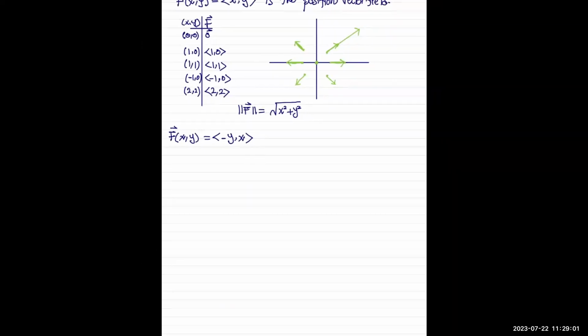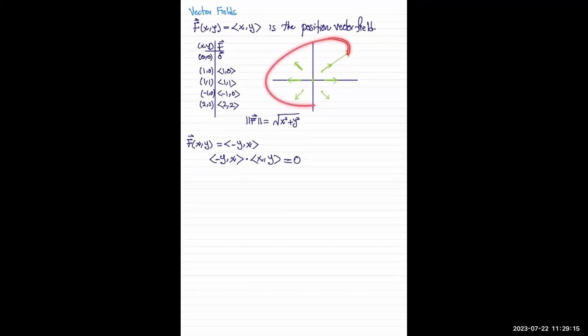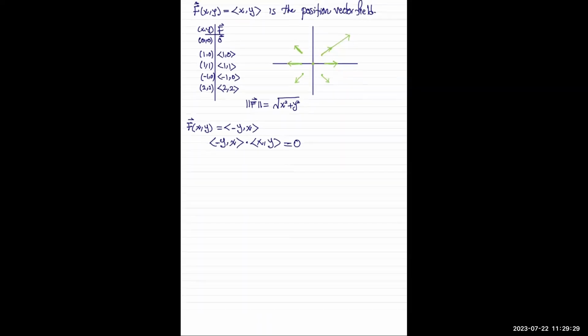If I do negative y comma x dotted with the previous vector field x, y, we get 0. So what you can do is draw the position vector field and then draw vectors orthogonal to basically every vector here. That's one thing you could do. Let's try that actually.